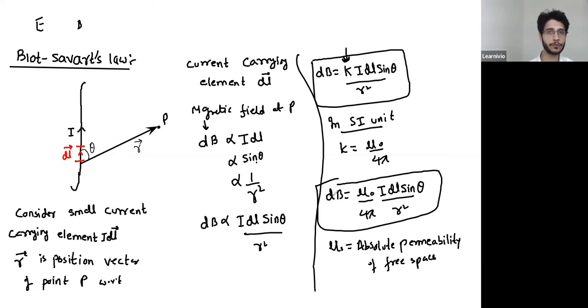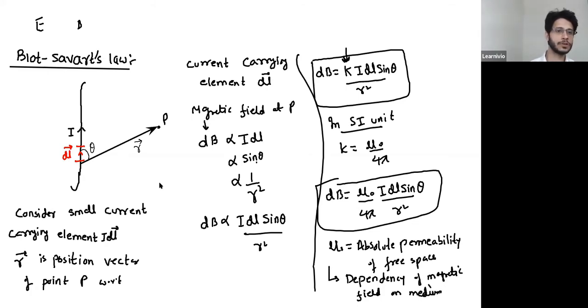So this magnetic field, just like electric field, depends upon medium. If you change medium, then this mu naught will change and your magnetic field will change. So this simply represents the dependency of magnetic field on the medium.